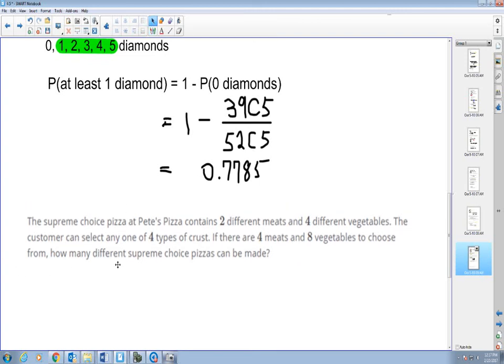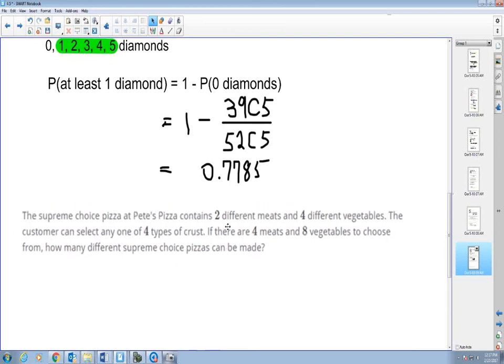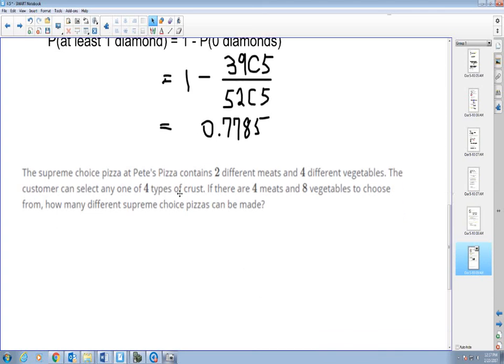Okay, so how many different supreme choices of pizza can be made? If I do this one real quick: 2 different meats, 4 different vegetables, and the customer can select one of the 4 types of crust. If there are 4 meats and 8 vegetables to choose from, how many different supreme choices of pizza can be made?